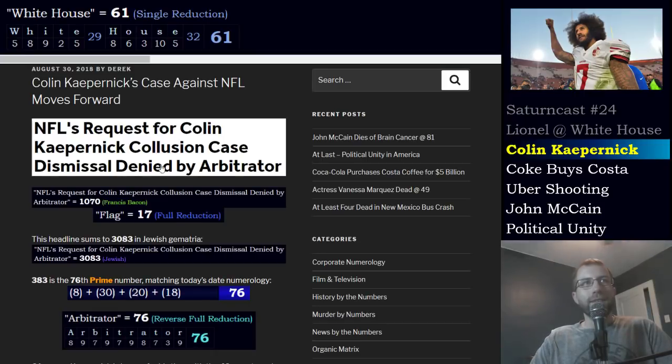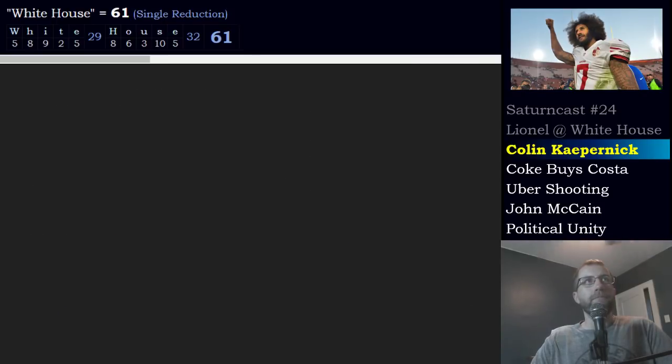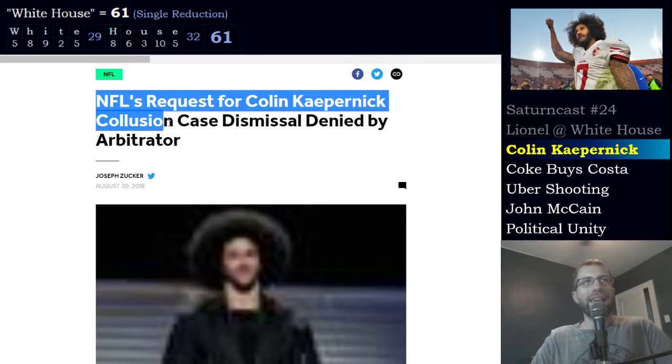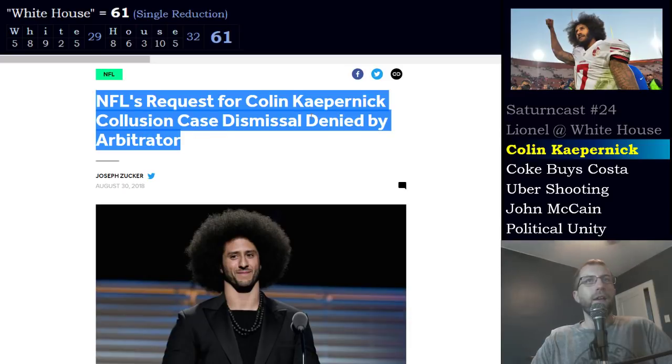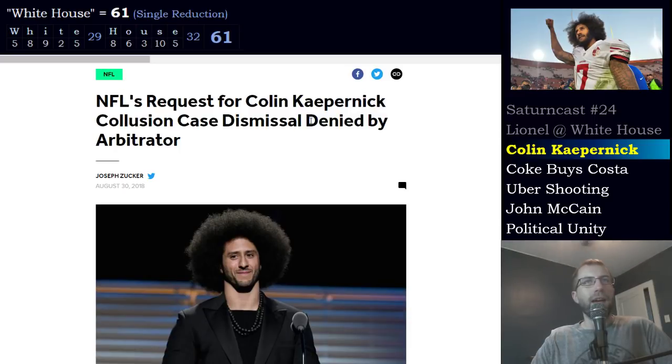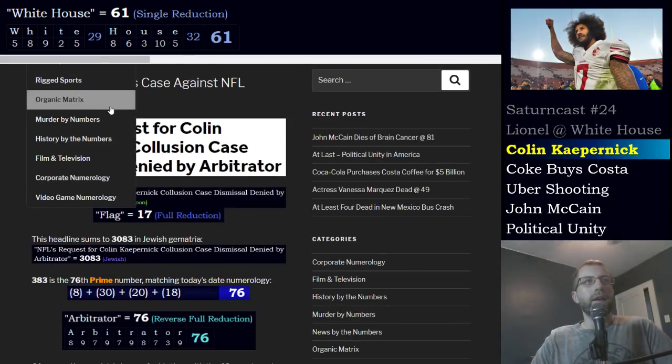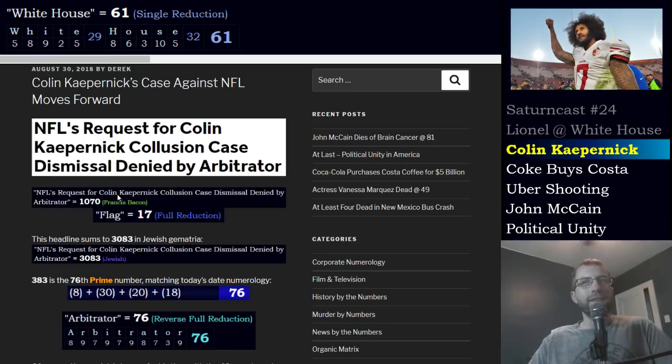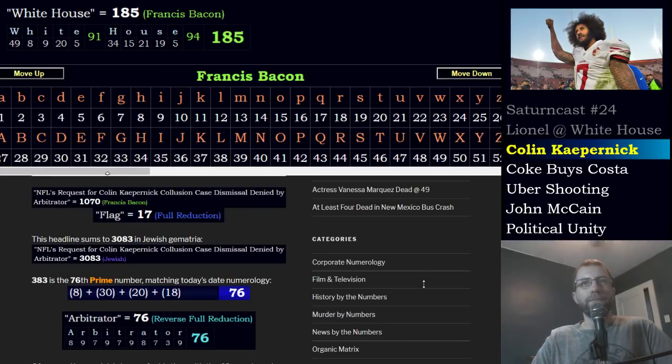In this case, notice how the headline, because it's Bleacher Report, I believe Bleacher Report does this, where they capitalize the first letter of every word, except for words like the, or for, or by. And what I've realized is that the Francis Bacon cipher is very significant to Bleacher Report.